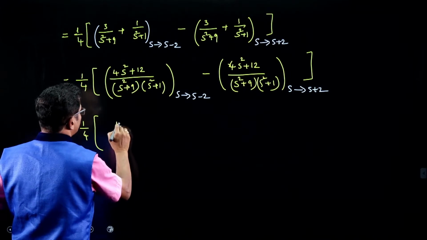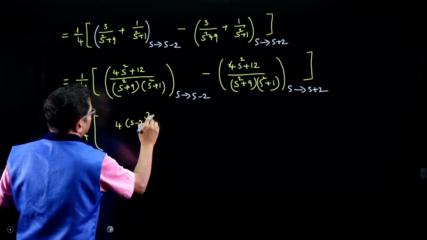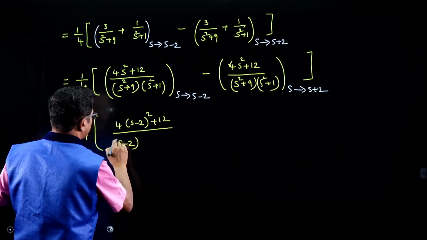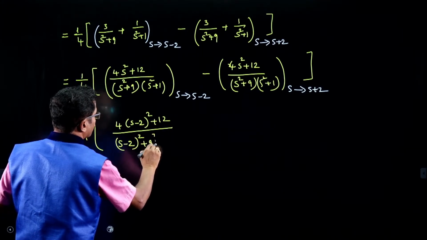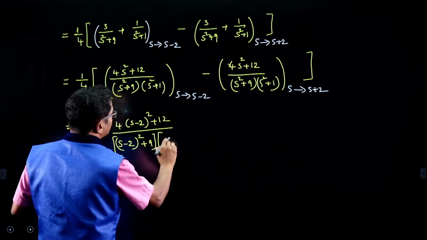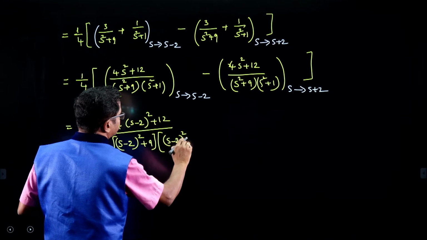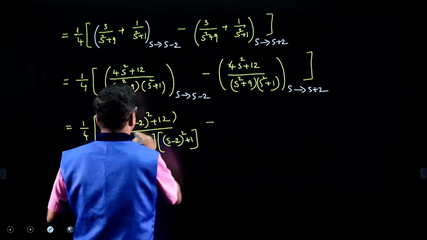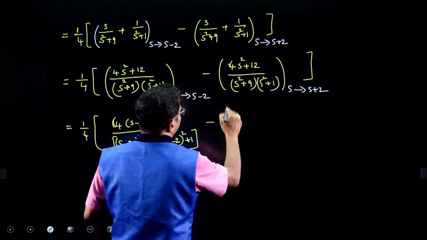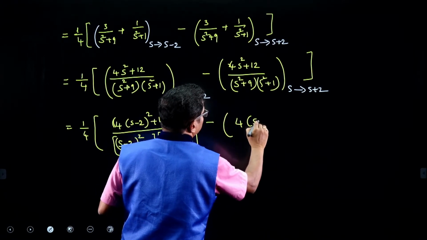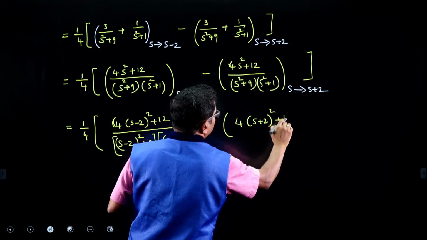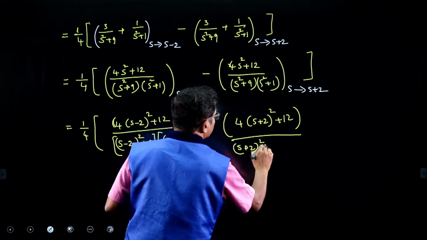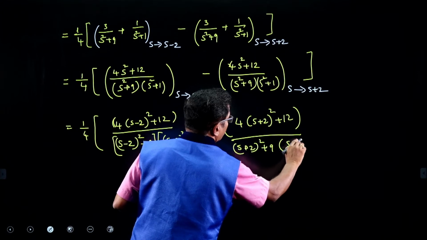Now you substitute 4 into s minus 2 whole square plus 12 by s minus 2 whole square plus 9 into s minus 2 whole square plus 1 minus, even here also 4 into s plus 2 whole square plus 12 by s plus 2 whole square plus 9 into s plus 2 whole square plus 1.